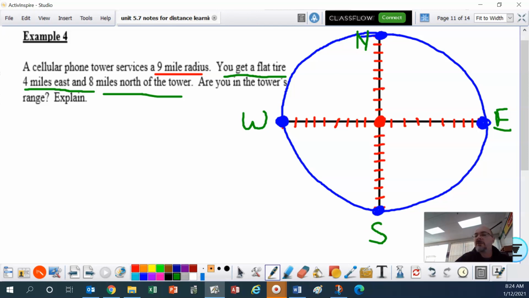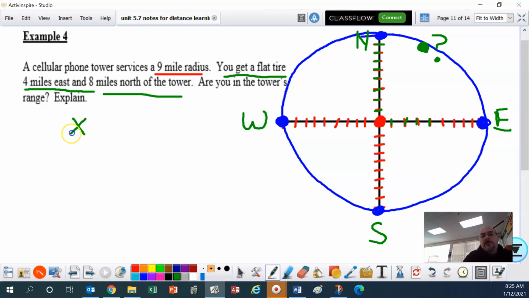So 4 miles east, 1, 2, 3, 4, and 1, 2, 3, 4, 5, 6, 7, 8 north. That means it's right about here. Now, I drew this freehand, so I don't know. It looks really close to the edge. So are you in cell phone service? Could you use your cell phone to call or not? We're going to have to show this mathematically because it's really close.